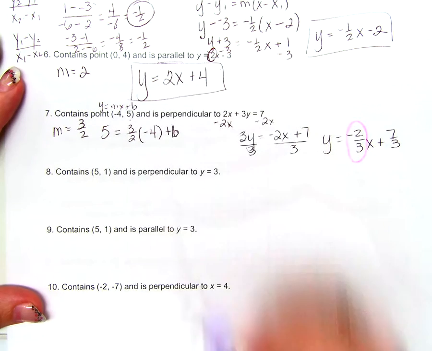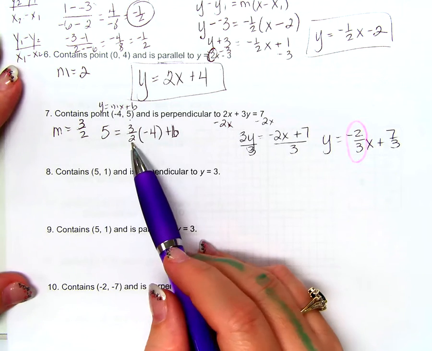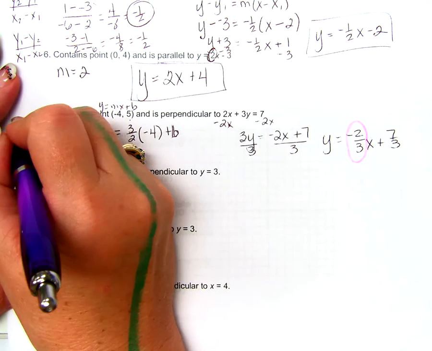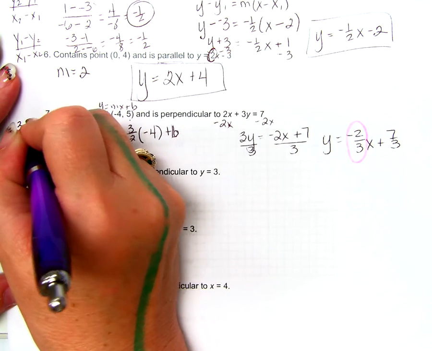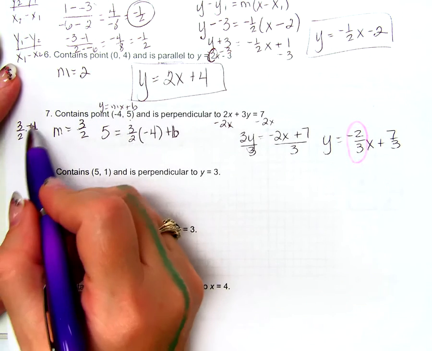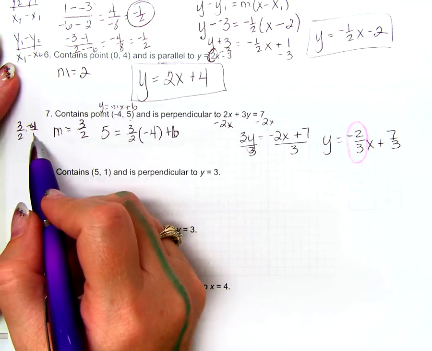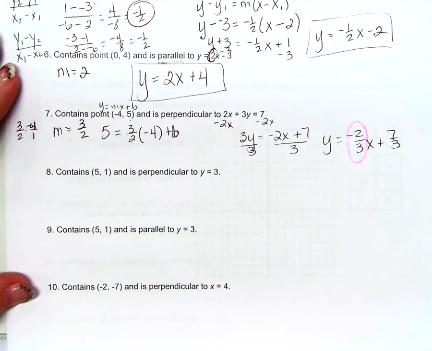So I have 3/2 times negative 4. Don't I just multiply straight across? So it's negative 12/2. Negative 6.